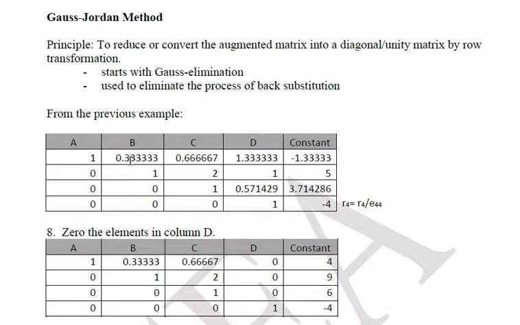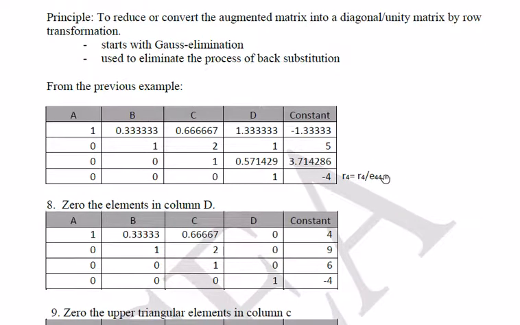So this method is used to eliminate the process of back substitution. For the sake of this discussion, we will be using our previous example. So we have derived this equation using Gaussian elimination.